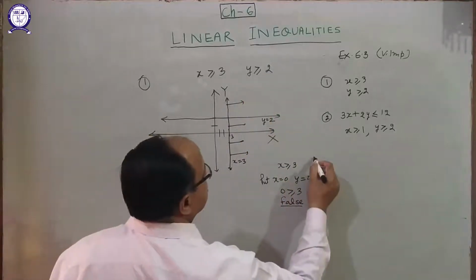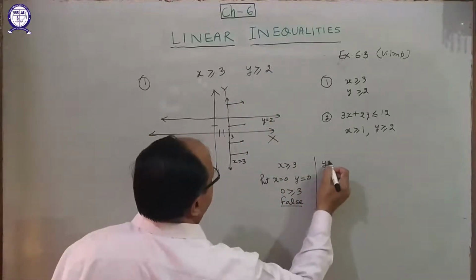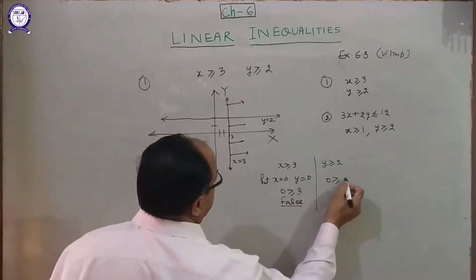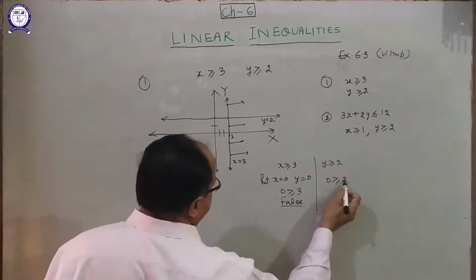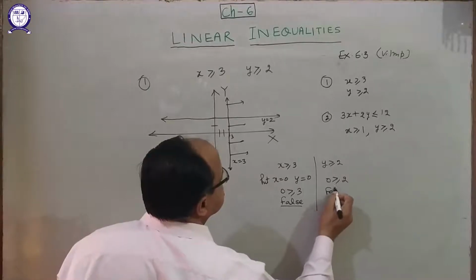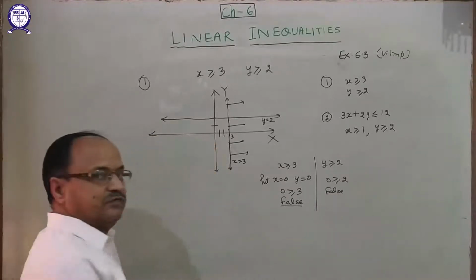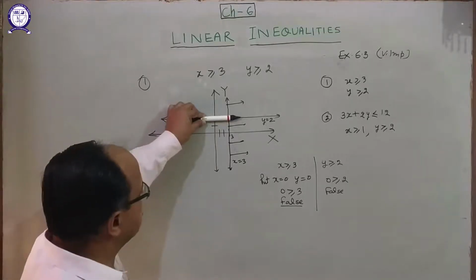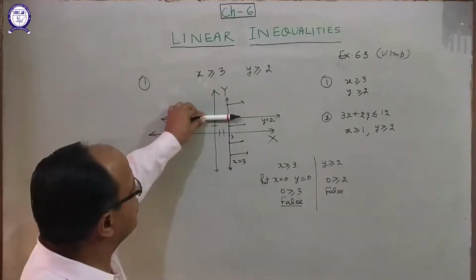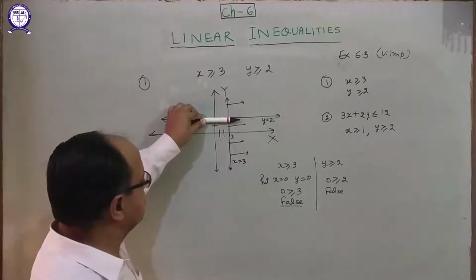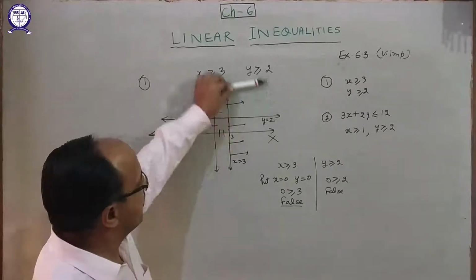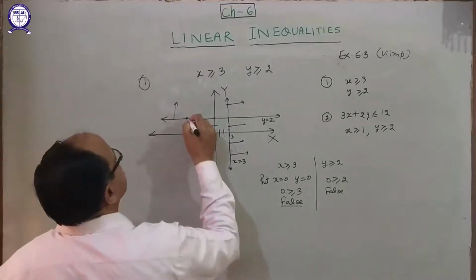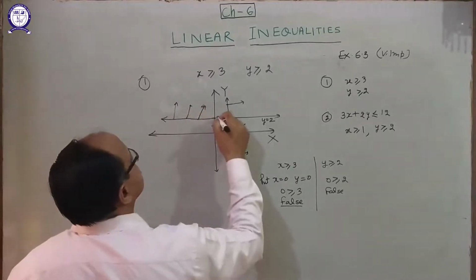And put here y greater than or equal to 2, put 0, then 0 greater than or equal to 2, true or false? False. Therefore it is away from the origin. This is the line y is equal to 2, and away from the origin means this portion. This portion is your solution.